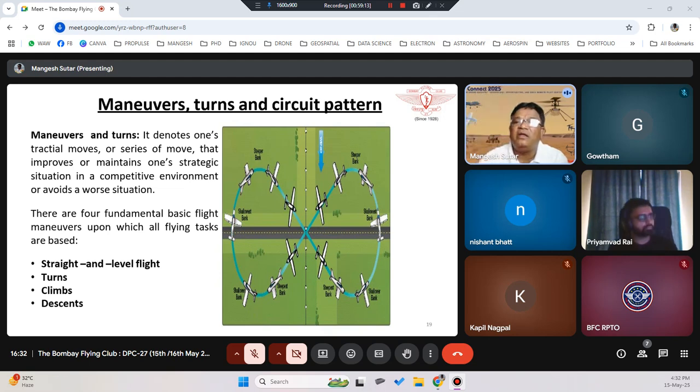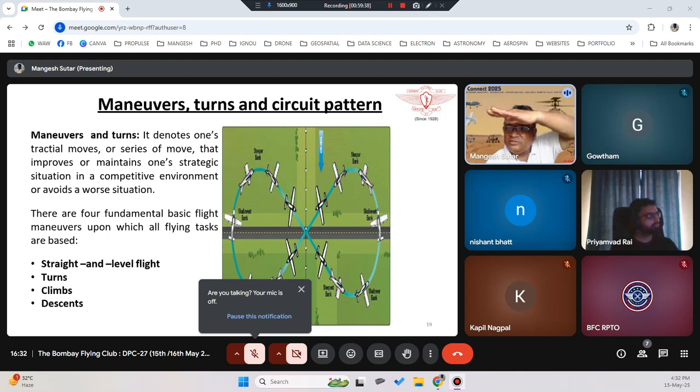Or you are coming to approach Delhi airport, and once ATC gives you the landing approval, you will start descending. So that is your descent. So the basic four fundamentals of flight maneuvers are straight and level flight, where you continuously maintain your altitude, turns left and right, and climbing up or climbing down.